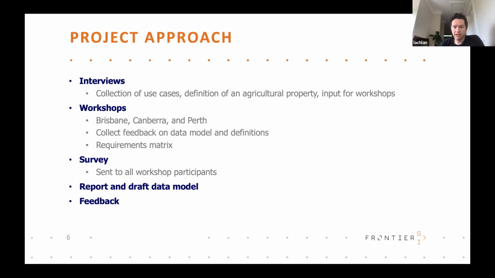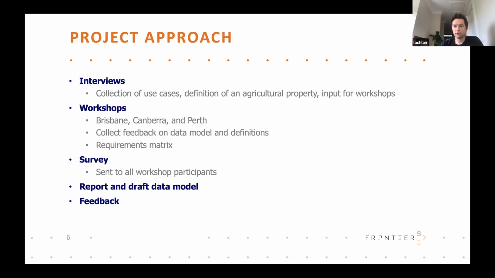Once we'd identified them, we set up a series of one-on-one interviews, and we tried to understand what their use cases for the data were, and also what they thought an agricultural property was. And that served as providing input for the workshop.